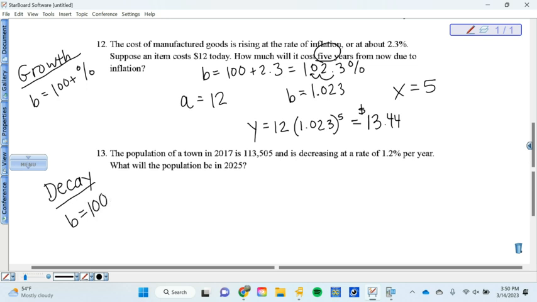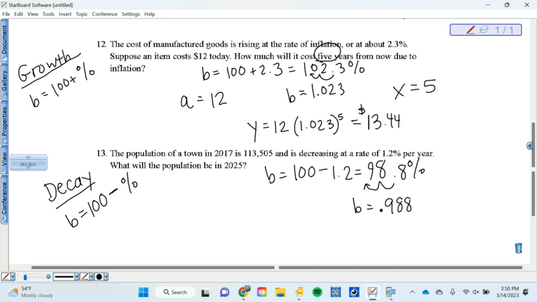Subtract. Subtract the percent, right? So B equals 100 minus 1.2, which gives me 98.8, but that's a percent. So I move the decimal point, and B is 0.988.